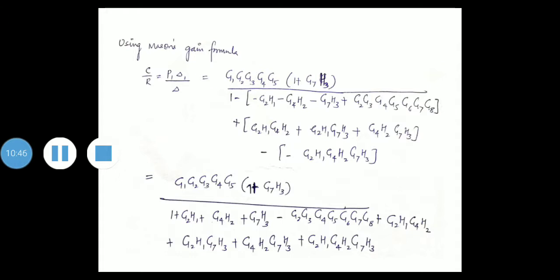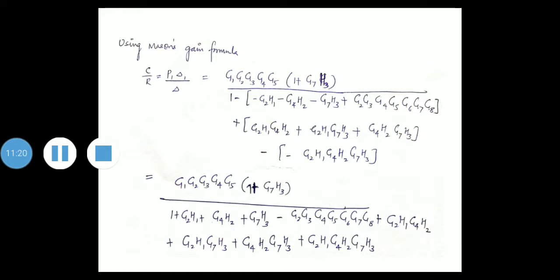Delta is 1 minus (G2 H1 minus G4 H2 minus G7 H3) plus G2 G3 G4 G5 G6 G7 G8 plus G2 H1 G4 H2 plus G2 H1 G7 H3 plus G4 H2 G7 H3 minus (minus G2 H1 G4 H2 G7 H3).